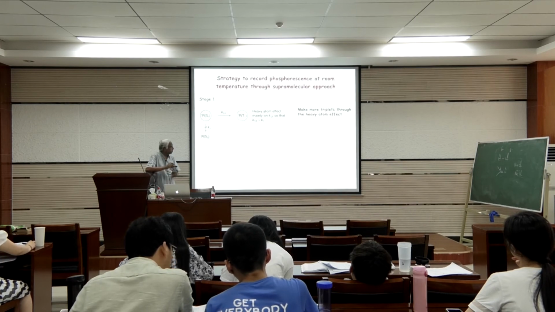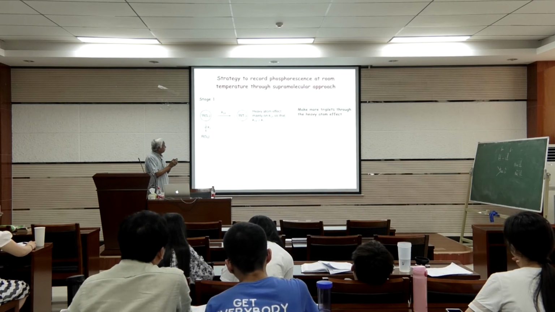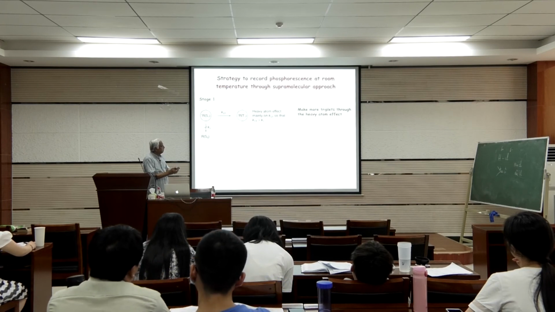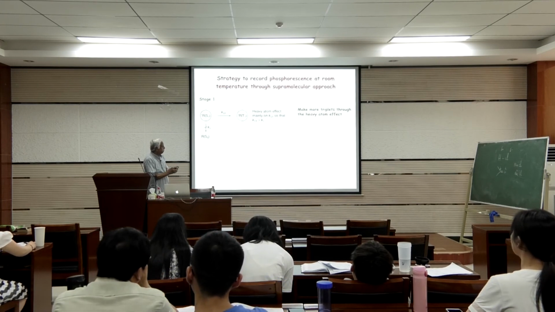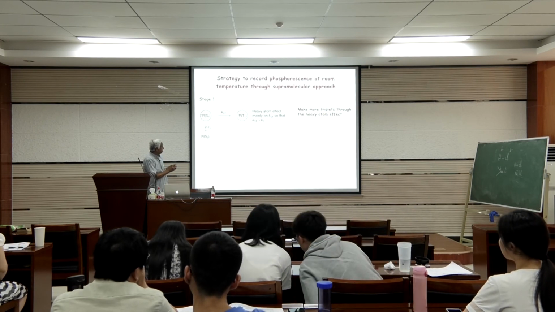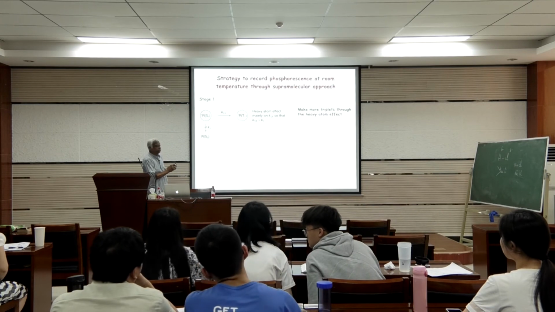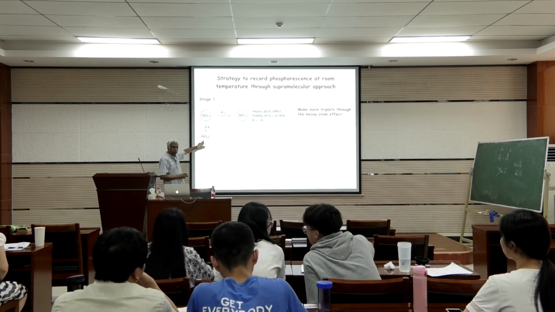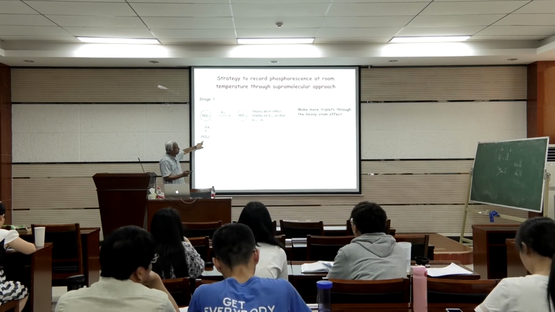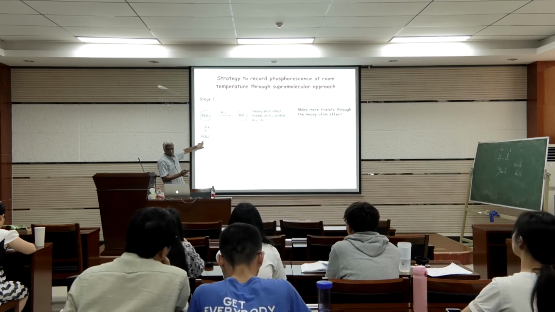So to see the phosphorescence, somehow or other you have to increase this rate constant, and then you make more triplets, because if this rate constant is small compared to this rate constant, then this is not going to happen. Everything, the molecule will go through here. So the first goal is somehow to produce more triplets.